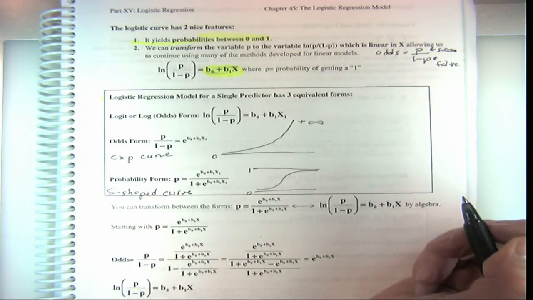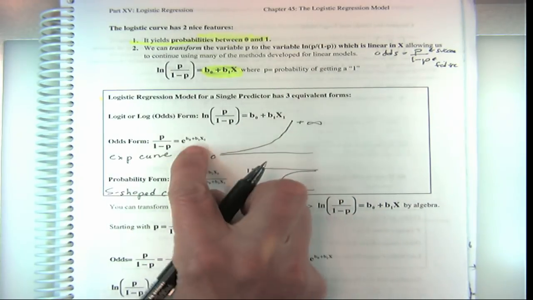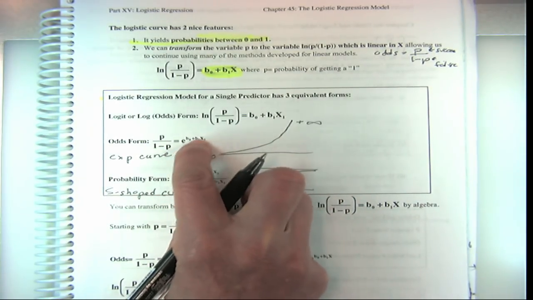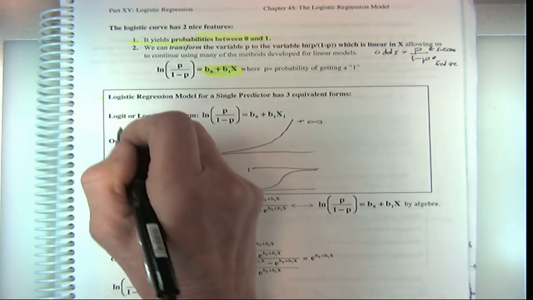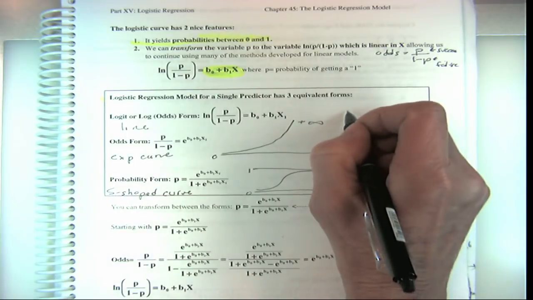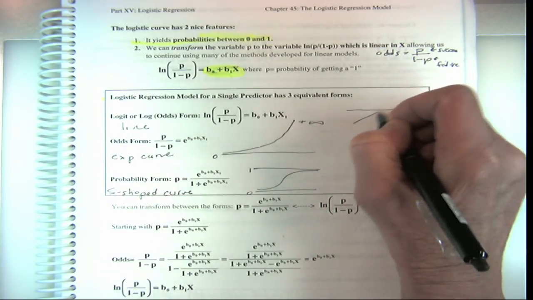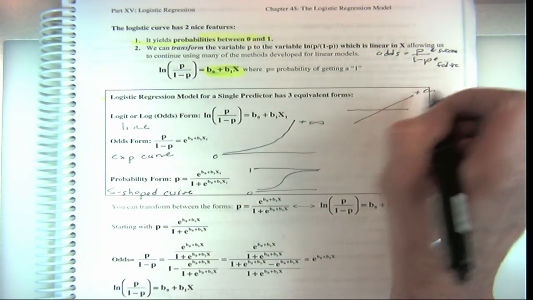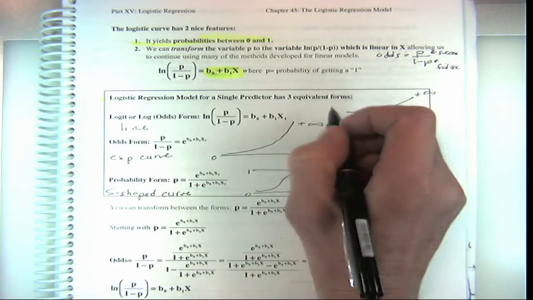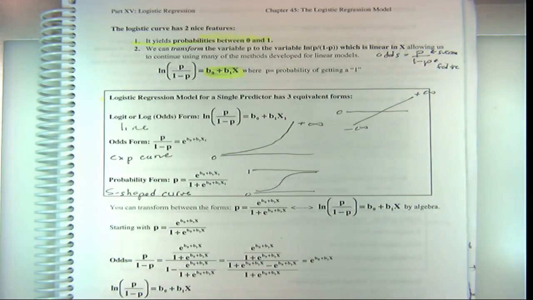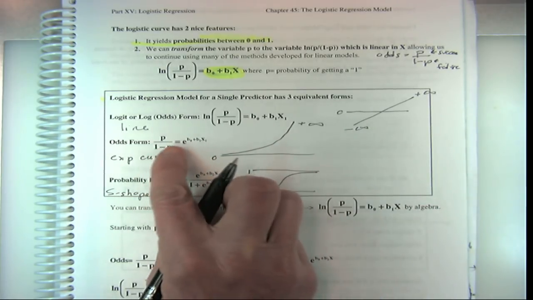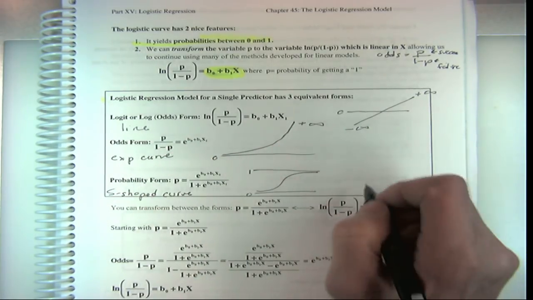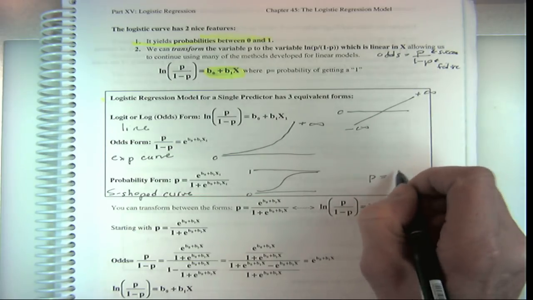And then you can take the log of that, which is just this exponent right here, and now you get a straight line that is unbounded. It goes from positive infinity to negative infinity, like that.